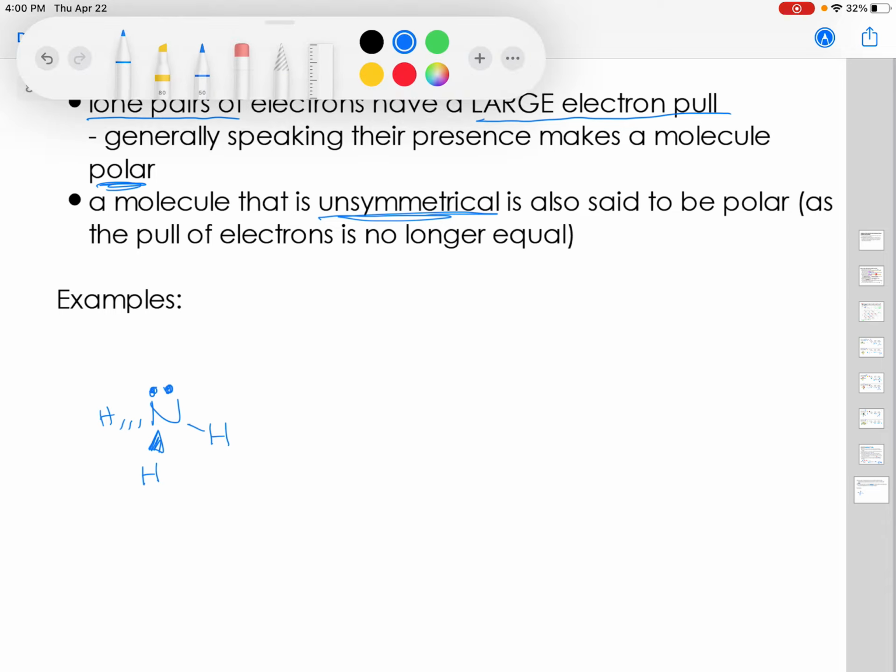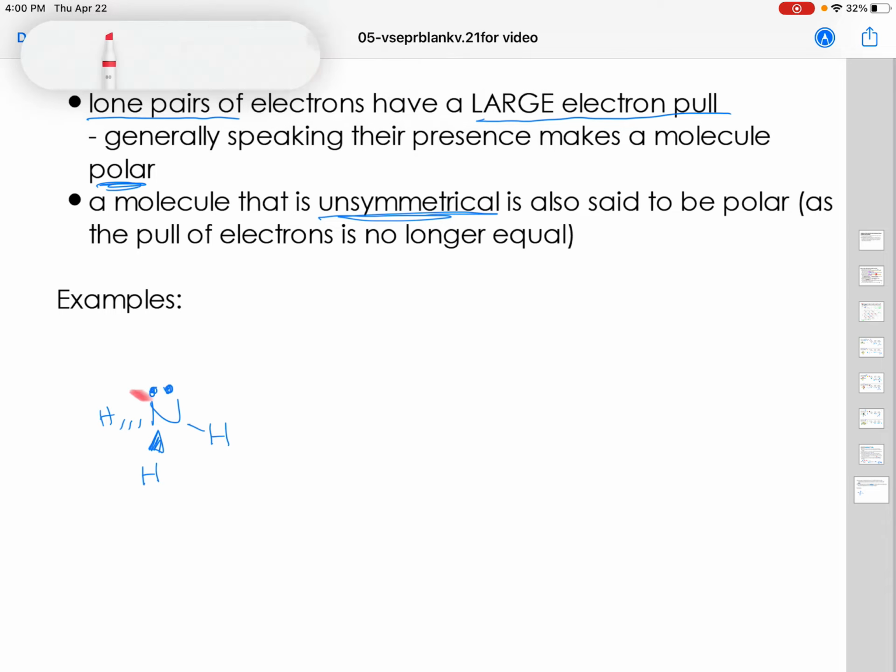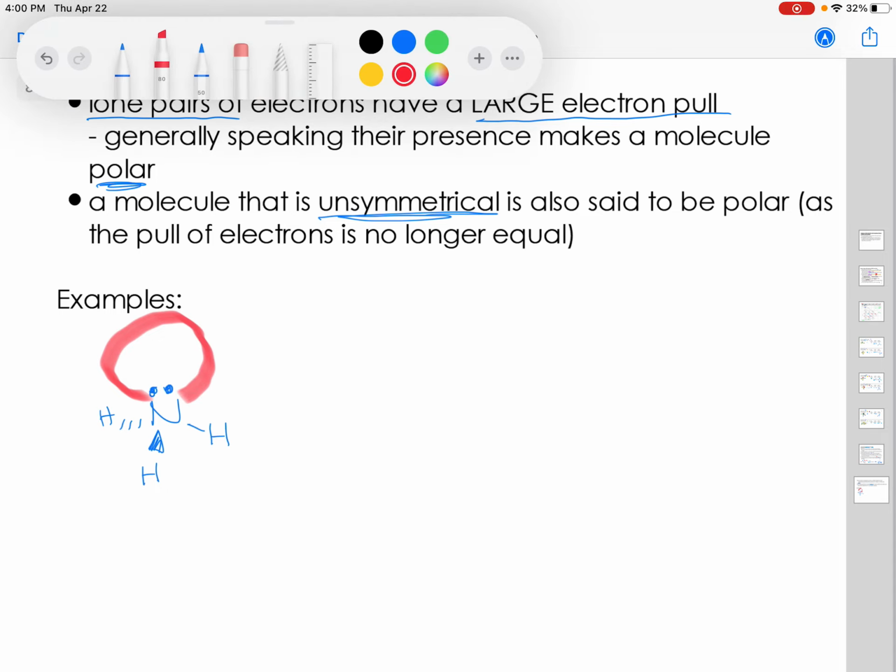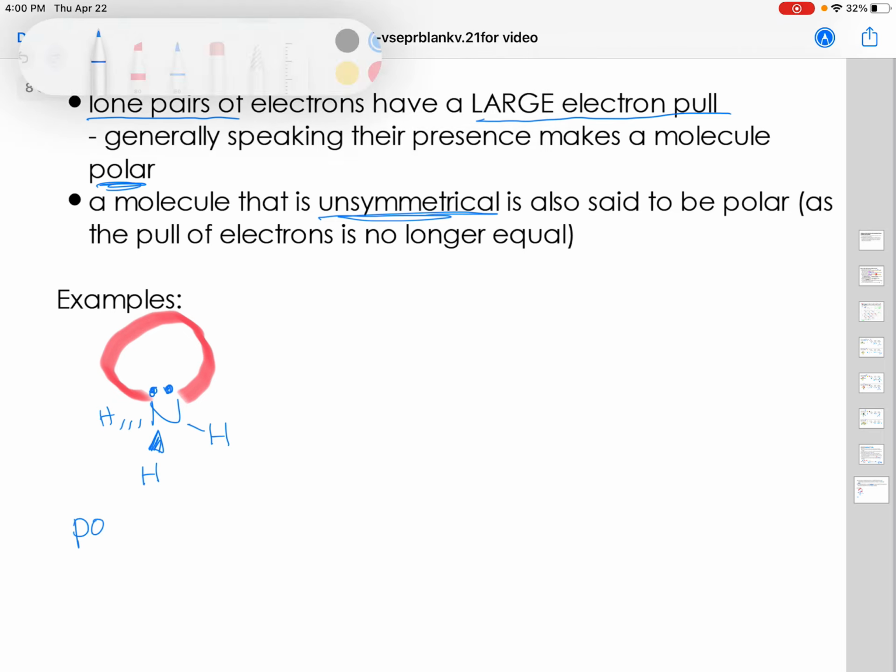Okay, so you can even, if you want, you can even draw in this cloud of electrons here at the top, but you don't need to. You would say polar. Oh, oops. Let me draw it like your chart shows. Polar, you can say lots of things.